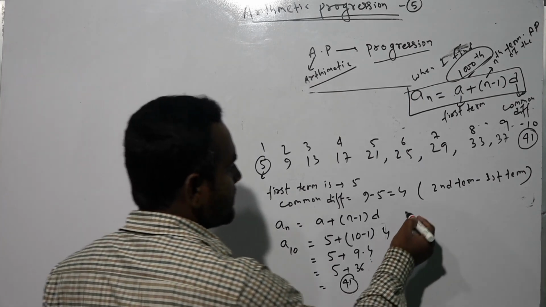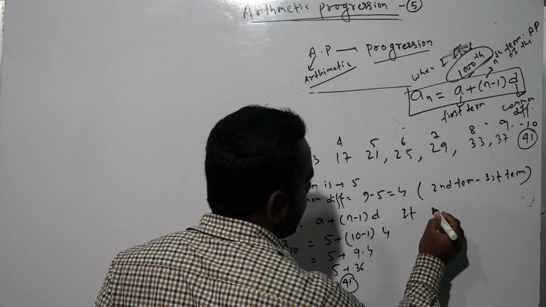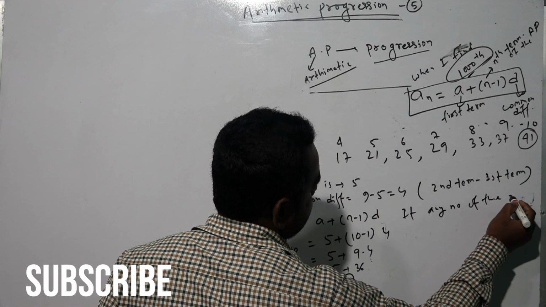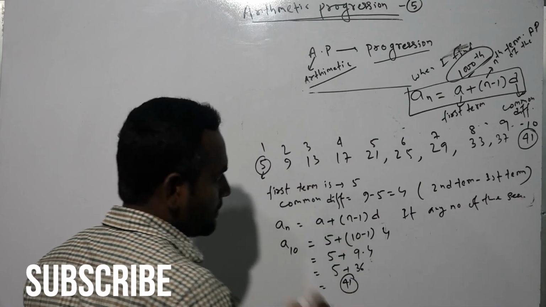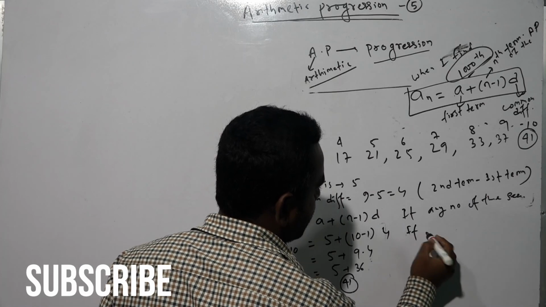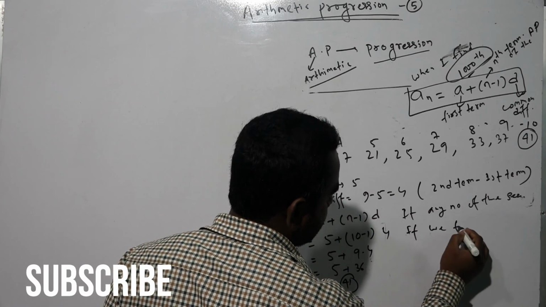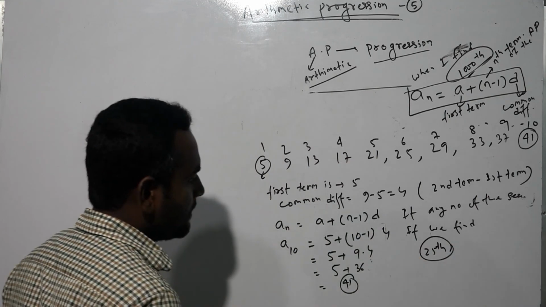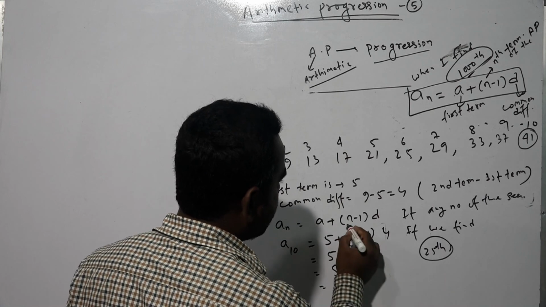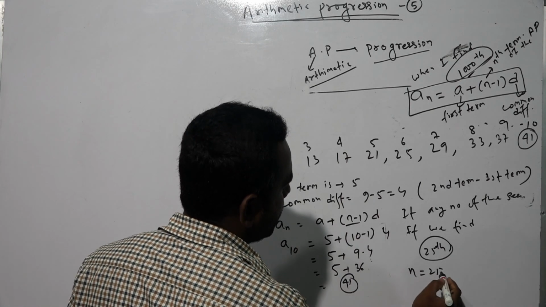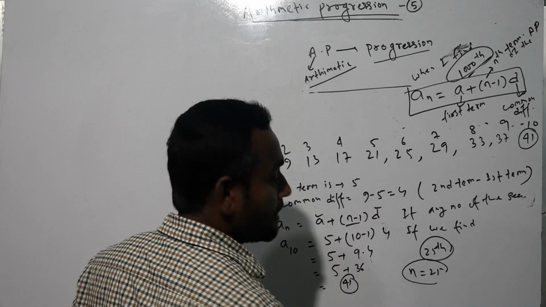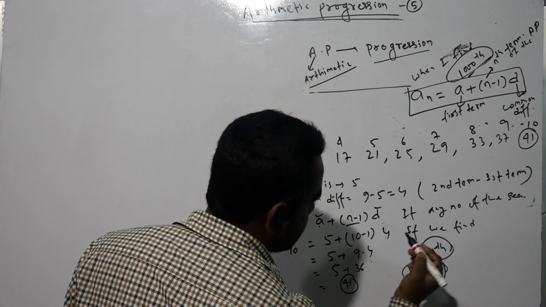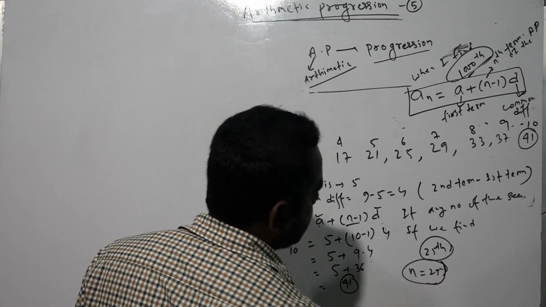It is easy to find any term of the sequence. If we find the 25th term, we can easily find it, because n is 25 and the rest of the numbers are the same. The first term is the same, the common difference is the same, just the nth term varies.